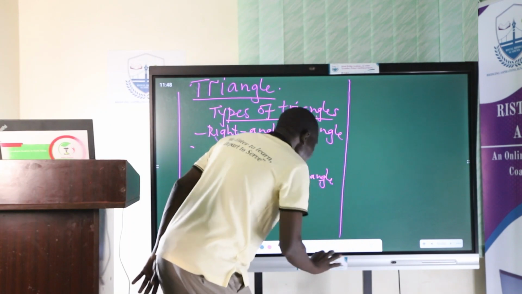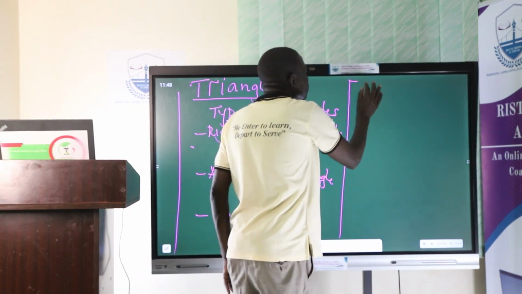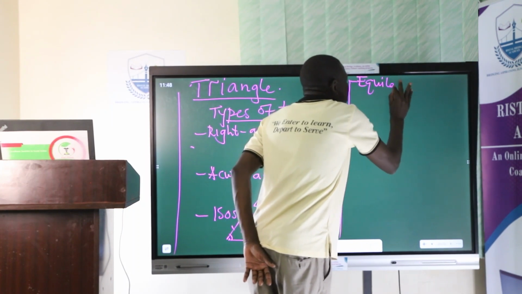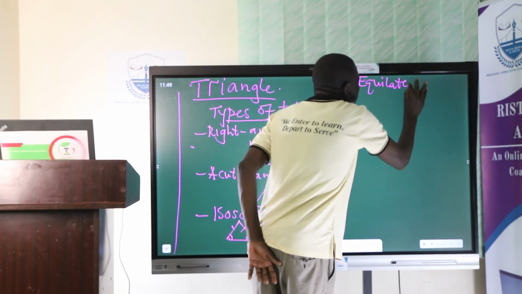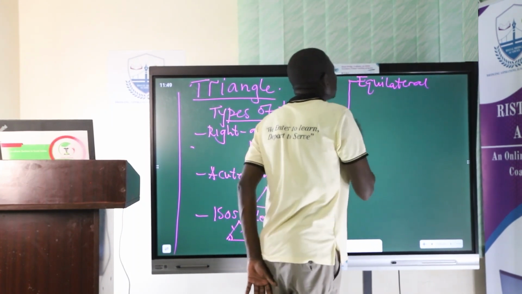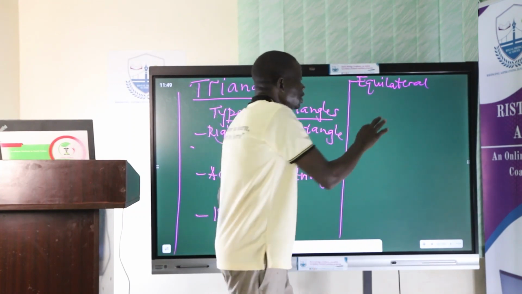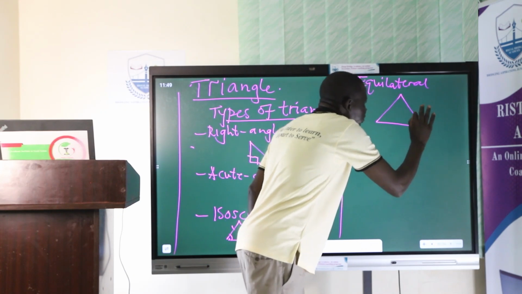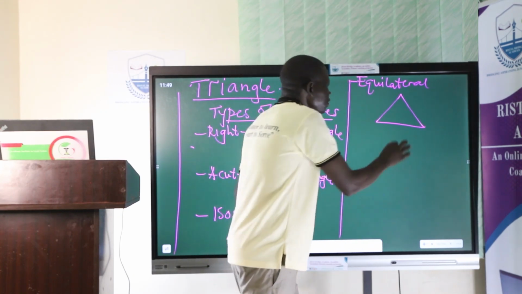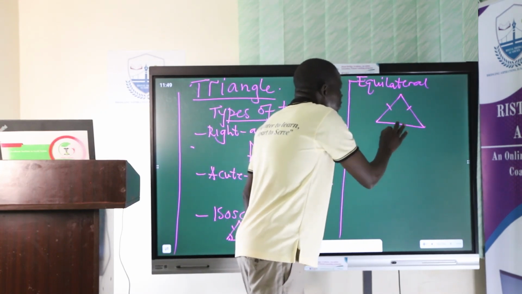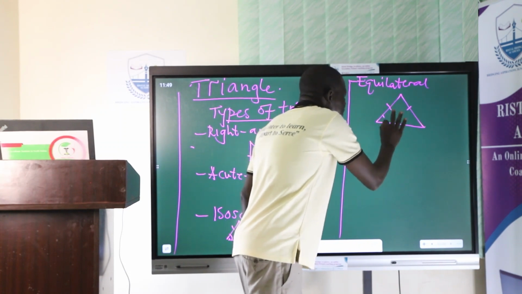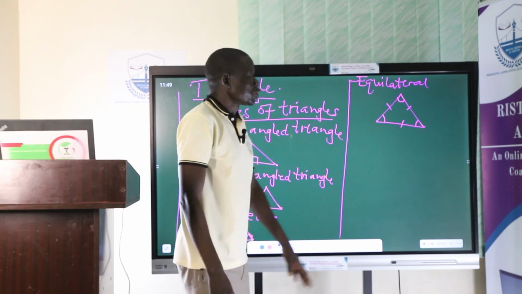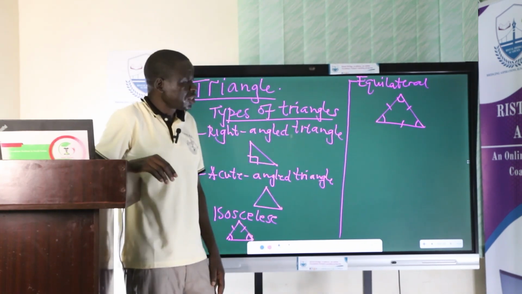We have another one which we call equilateral triangle. The equilateral triangle is that triangle which has all sides equal and all angles equal. This side is equal to this, is equal to this, this angle is equal to this, and is equal to that. So that is how it looks like.